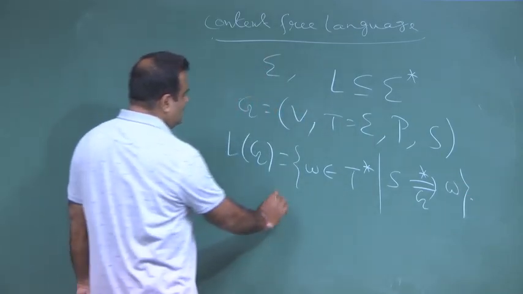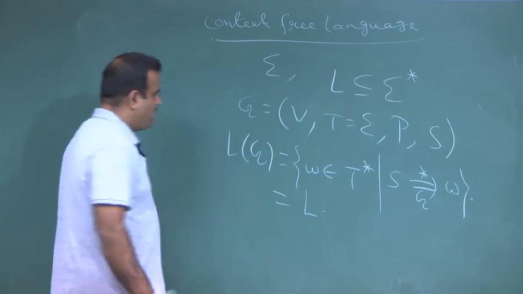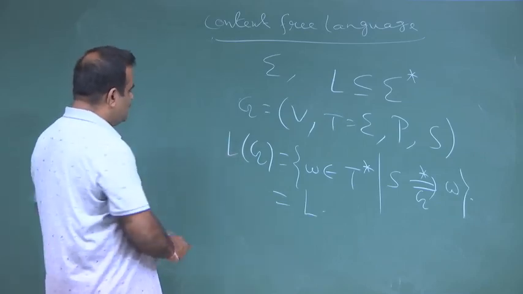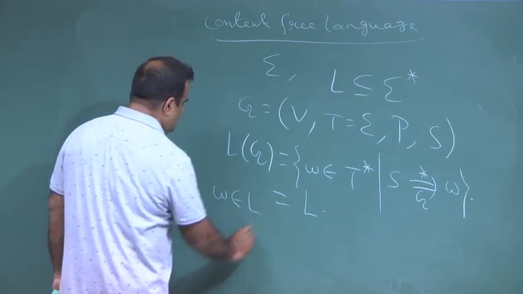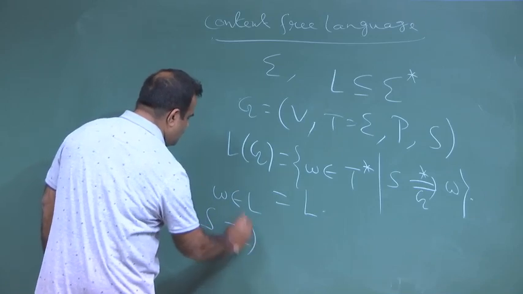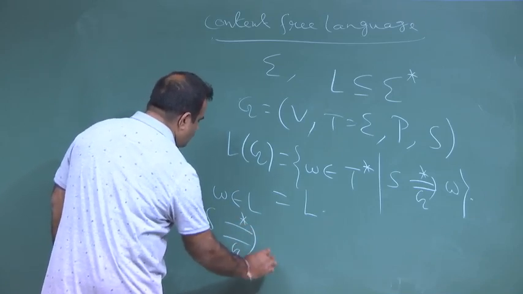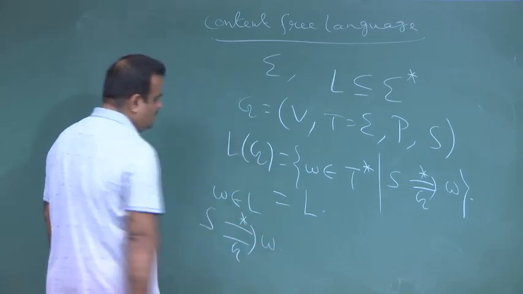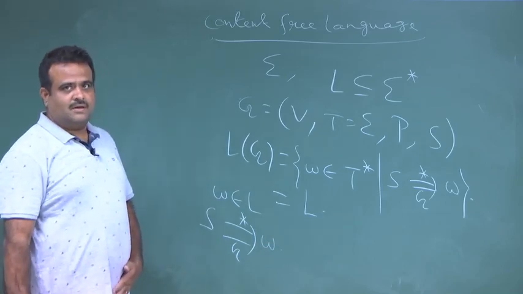If any string in L can be derived from S, then it is called a context-free language.